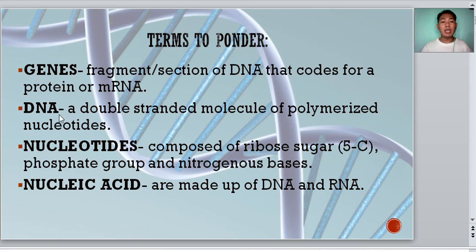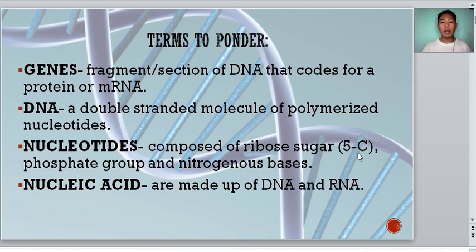And when we say DNA, it is a double-stranded molecule of polymerized nucleotides, or deoxyribonucleic acid. The nucleotides are composed of a sugar, a phosphate group, and nitrogenous bases. And nucleic acids are made up of DNA and RNA.